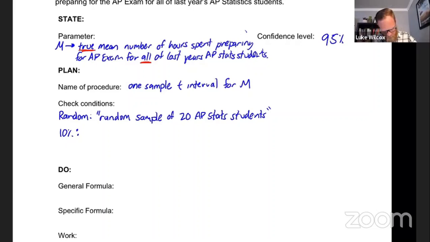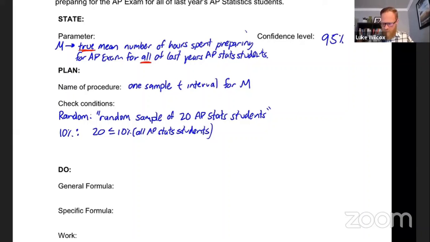And so we would check that our sample size is less than 10% of the population, which is all AP Stats students from last year. And well, we know well that there are hundreds of thousands of AP Stats students. And so definitely the 10% condition is going to be satisfied. And the so what here is, this idea of sampling without replacement is okay. That's not an issue. We don't have to worry about independence because the sample size is small relative to the population.